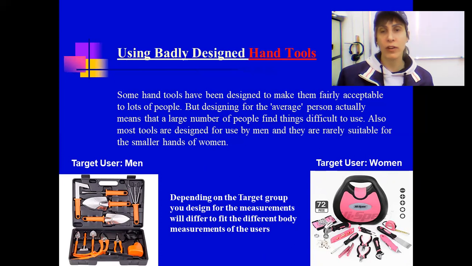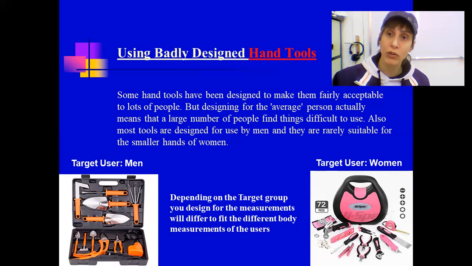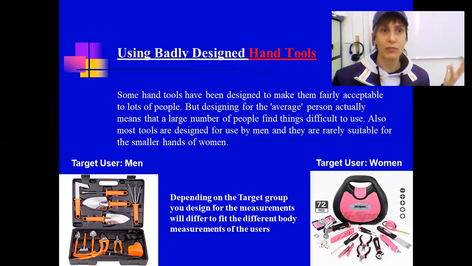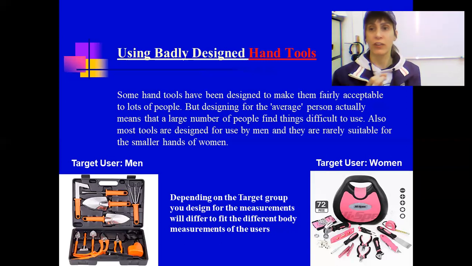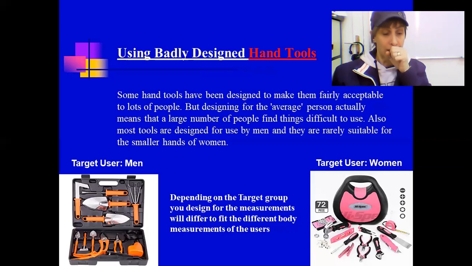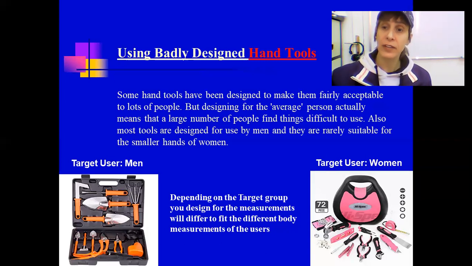And whether you're designing for men or women, that is also important. It's as important as what is the age group and other details about this target group of users. Do they have a disability, or are they just the average person?